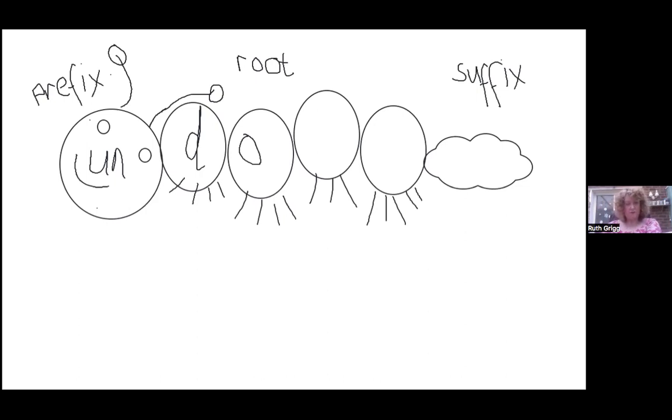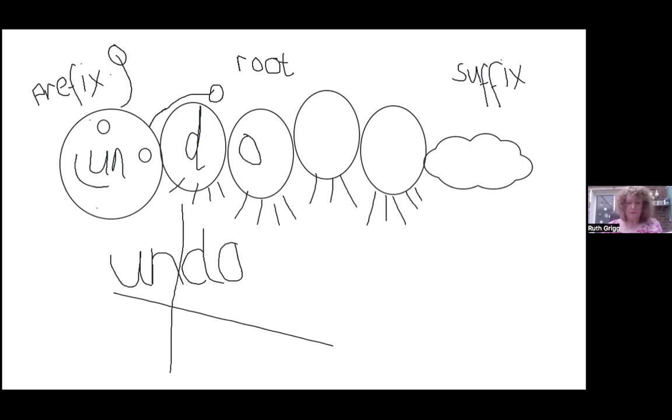To undo is to do the opposite. So un doesn't just mean not. In this particular case, it means to do the opposite. You're undoing something that's already been done. That's this word, undo. This bit, un, is the prefix. This bit here, do, is the root word. So let's do another one.